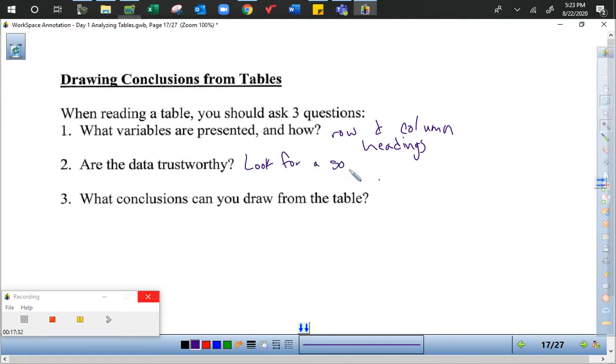A lot of times with a table, you'll see the source at the bottom, but sometimes it's also given in the beginning information. It said here the people were selected from or for a survey. It doesn't really give us a whole lot other than there was this survey.